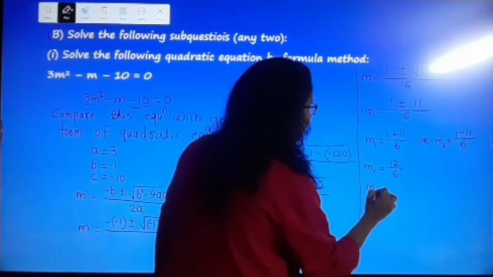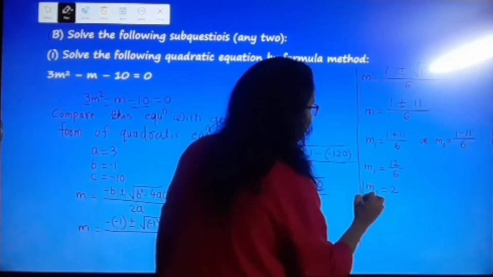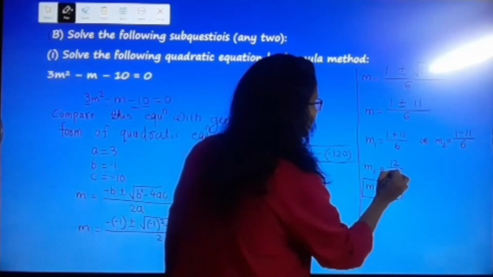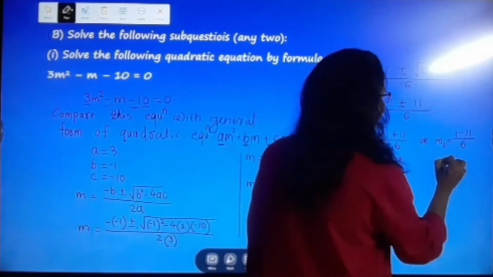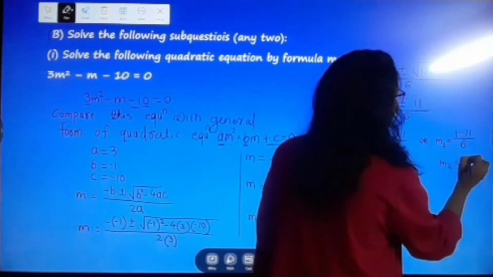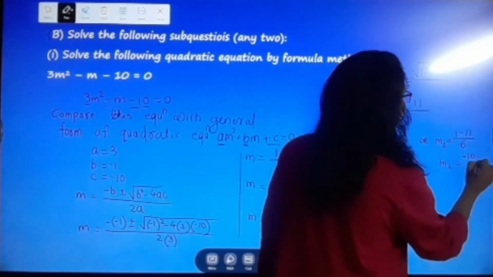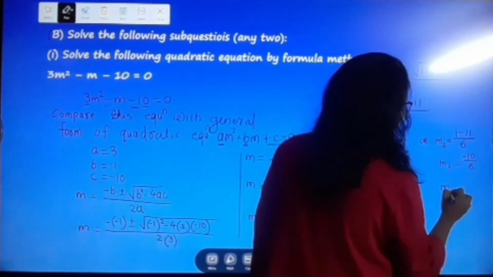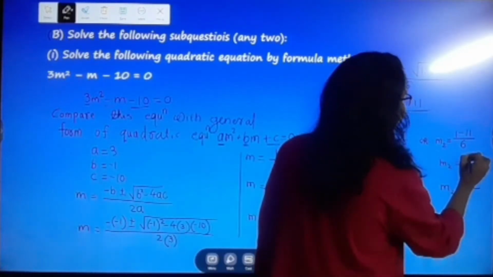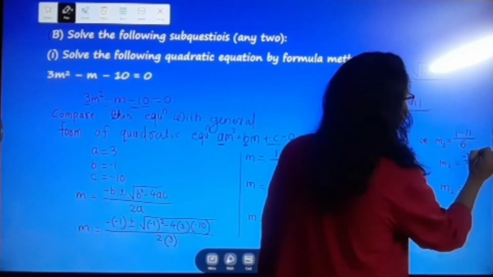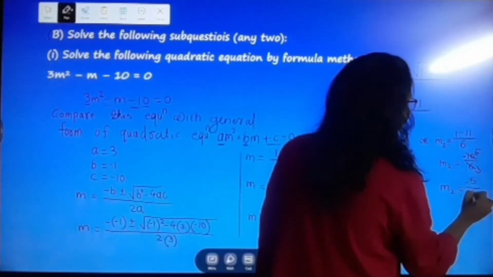That means here m1 is equal to 2. Okay, that means here how it comes, 6 ones are 6 and 6 twos are 12. Okay, and here students m2 is equal to minus 10 upon 6, and that means here students m2 is equal to minus, here 2 threes are and here 2 fives are. So minus 5 upon 3.